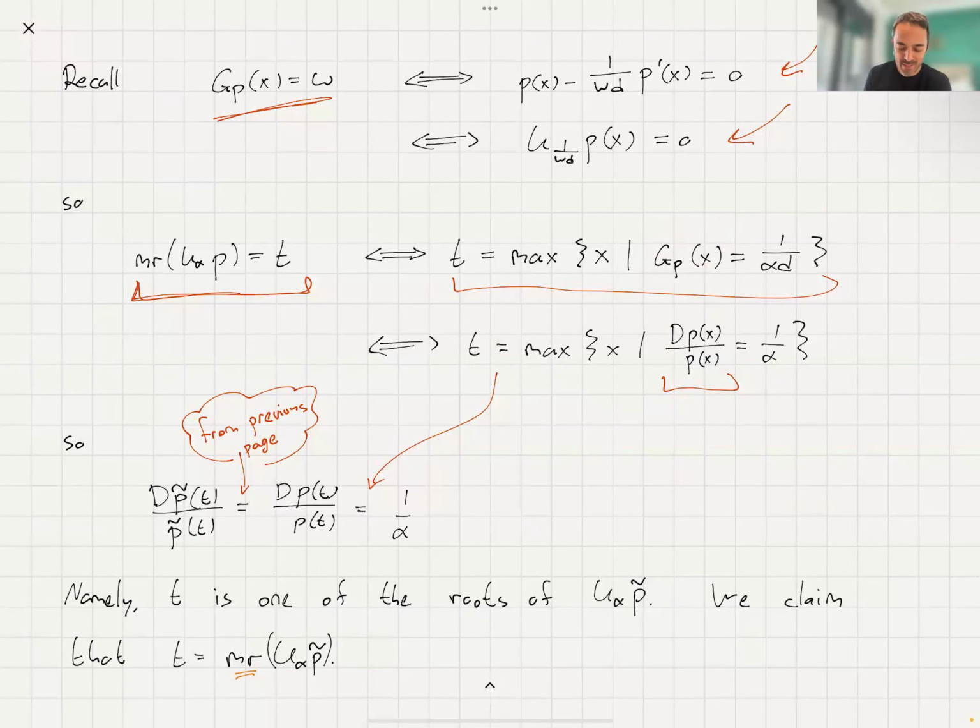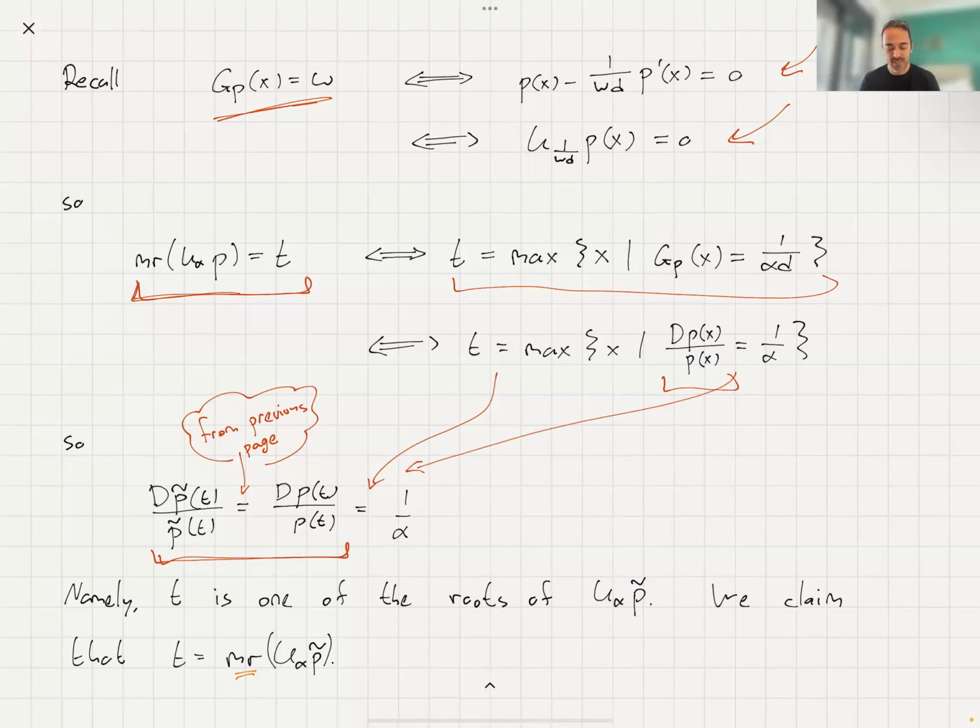So what I'm saying is that the equality that we just proved in the previous sheet, namely that dp tilde over p tilde is the same as dp over p, evaluated at t, is 1 over alpha. Because of that.